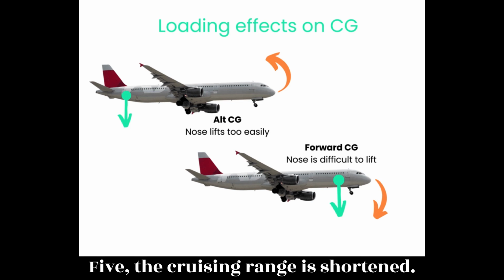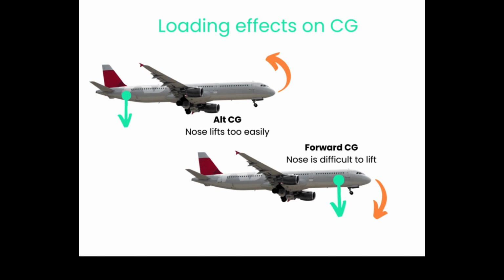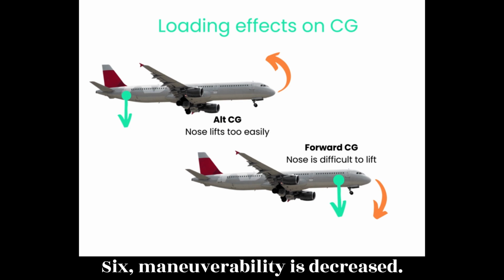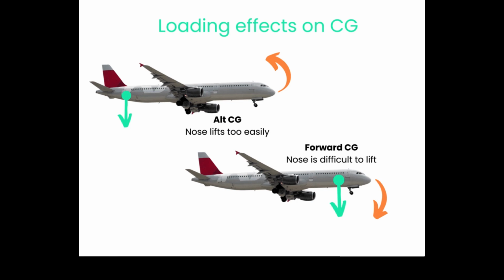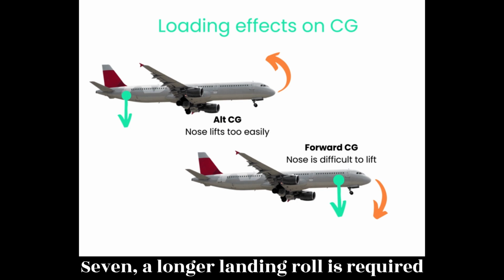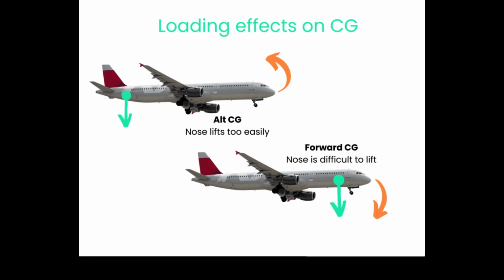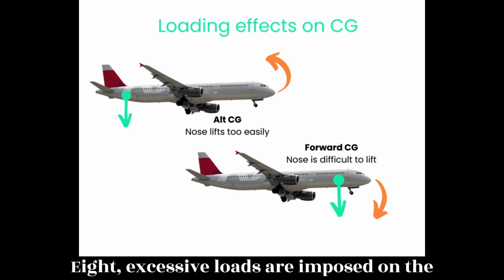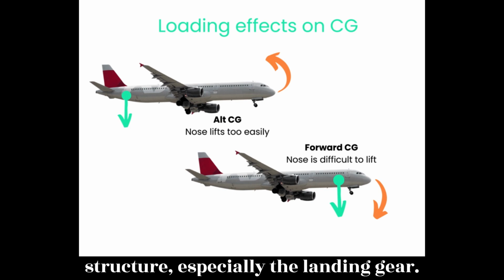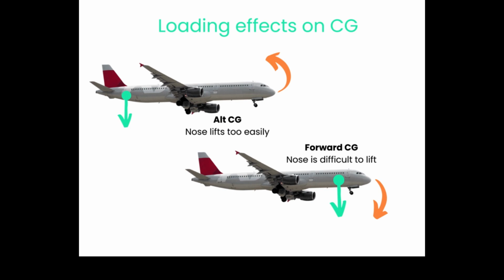The cruising range is shortened. 6. Maneuverability is decreased. 7. A longer landing roll is required because the landing speed is higher. 8. Excessive loads are imposed on the structure, especially the landing gear.